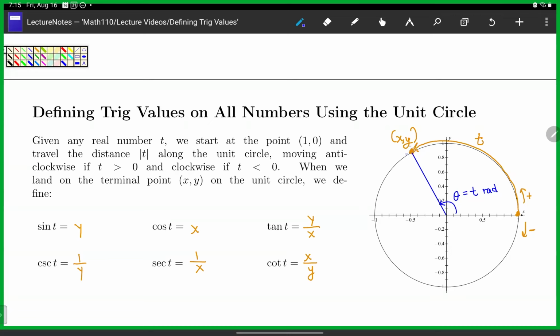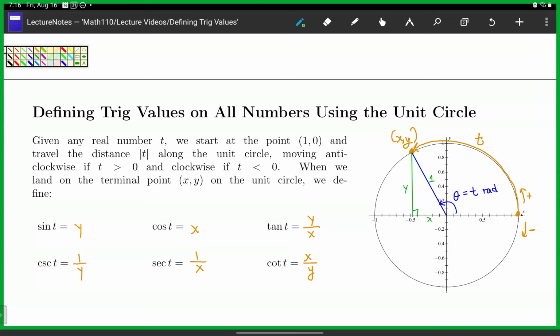All of these are doing the same exact thing of essentially doing the SOHCAHTOA on the little reference triangle that you can build here. So there's my x coordinate, my y coordinate, and the hypotenuse length is 1. So opposite over hypotenuse is y over 1, adjacent over hypotenuse is x over 1, and so on. All of these are exactly the same definition.